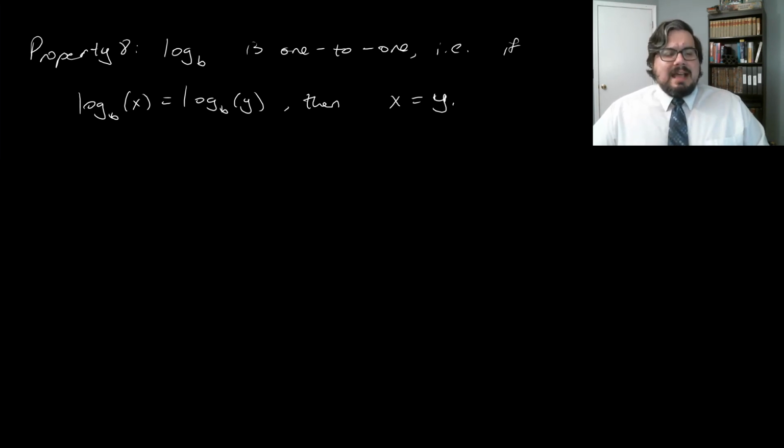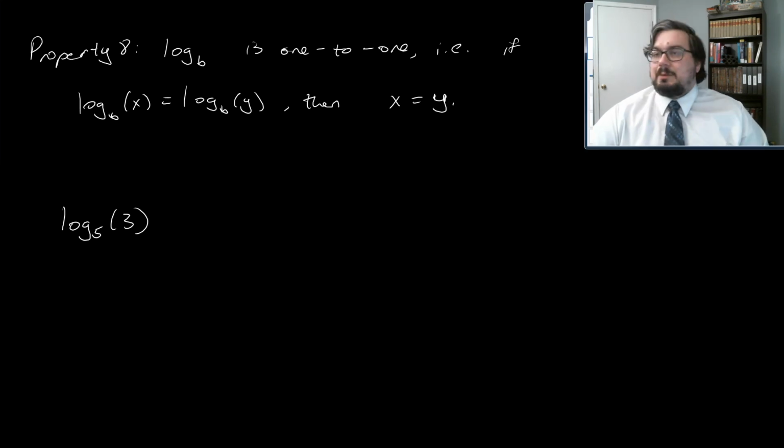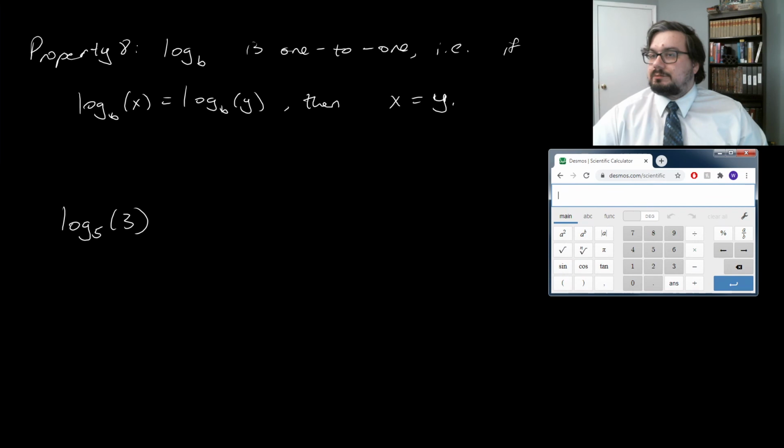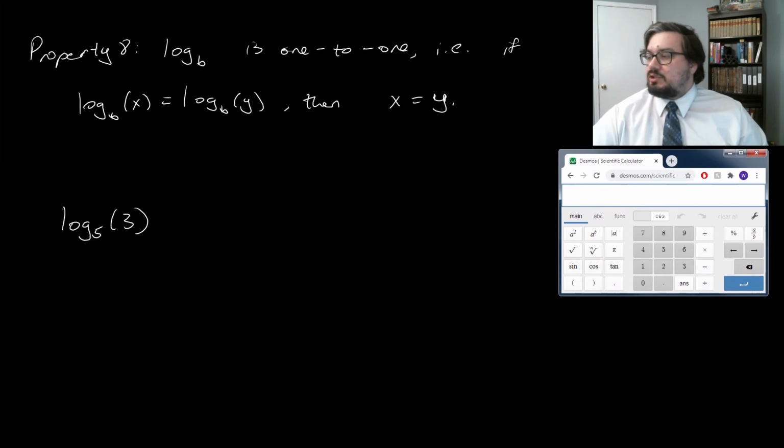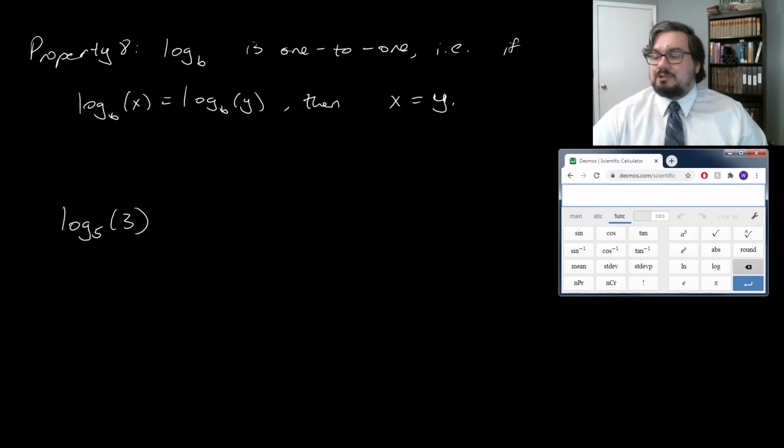All right, now the last thing that we want to look at here is how we handle expressions like log base 5 of 3, as I mentioned earlier. Most calculators that we run into only have 2 logarithm functions on them.